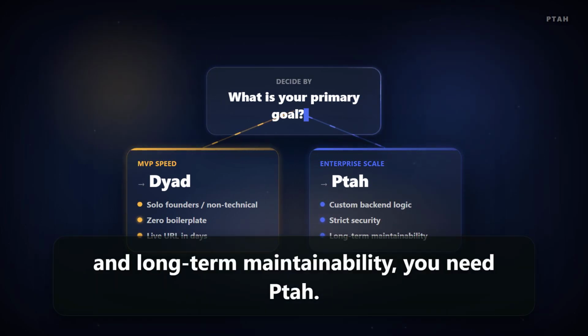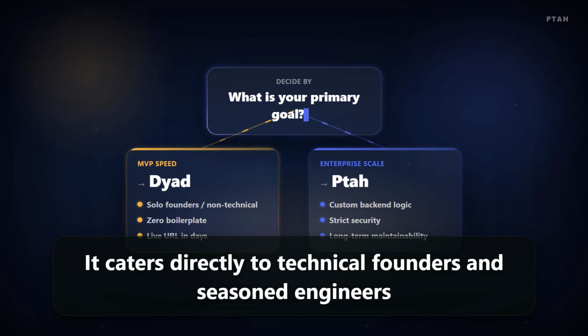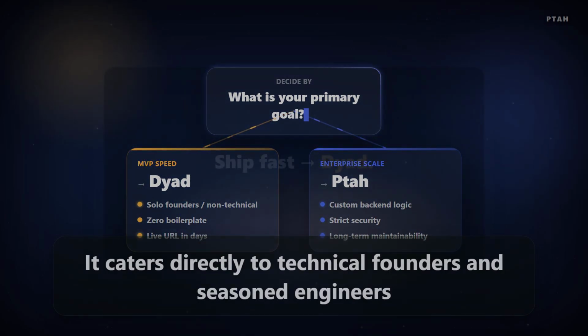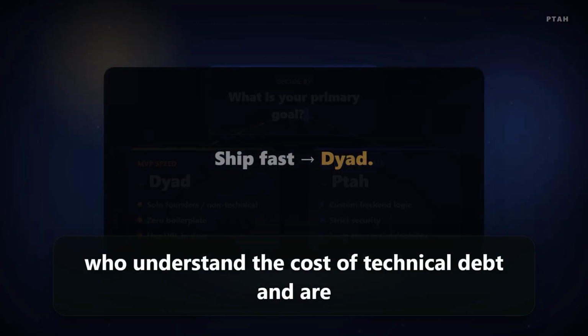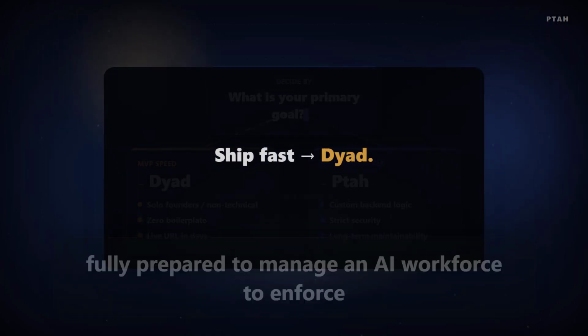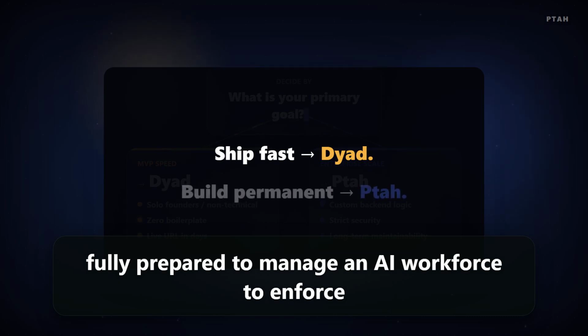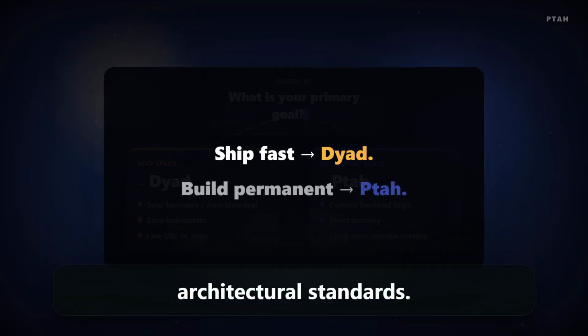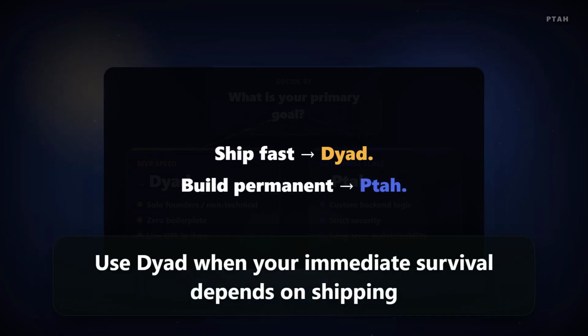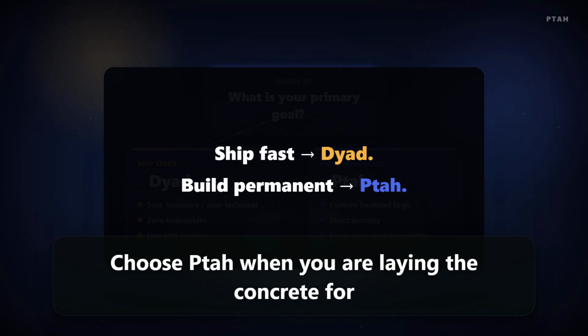It caters directly to technical founders and seasoned engineers who understand the cost of technical debt and are fully prepared to manage an AI workforce to enforce architectural standards. Use Dyad when your immediate survival depends on shipping fast. Choose Ptah when you are laying the concrete for a permanent engineering organization.